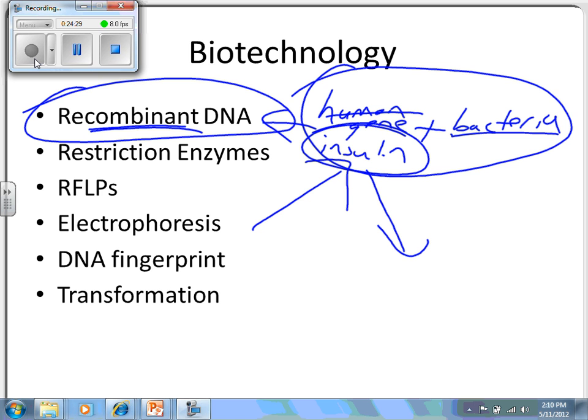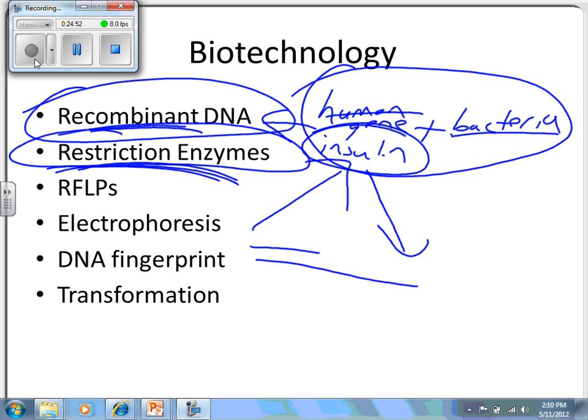Now to make that was a little tricky. One of the key things to understand in this process of recombinant DNA are these enzymes right here, restriction enzymes. These guys cut DNA after only specific sequences of A's, T's, G's, and C's, nucleotide sequences. And because of that, when you cut up a piece of DNA with these, oftentimes the piece of DNA gets cut in a crooked fashion, so that you have unpaired bases sticking out here.